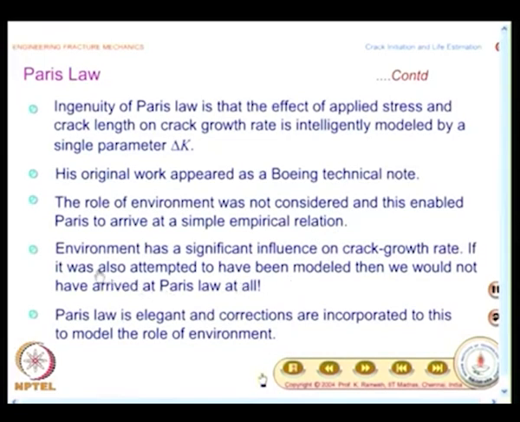So, Paris looked at the kernel and arrived at a relationship between dA by dN and delta K without bringing in factors like the role of environment, etc. You will have to keep note that environment has a significant influence on crack growth rate. People have later modified the Paris law to accommodate the environment.